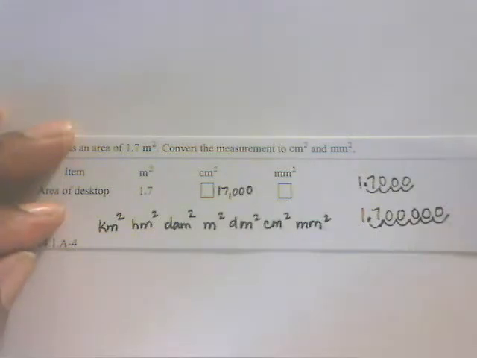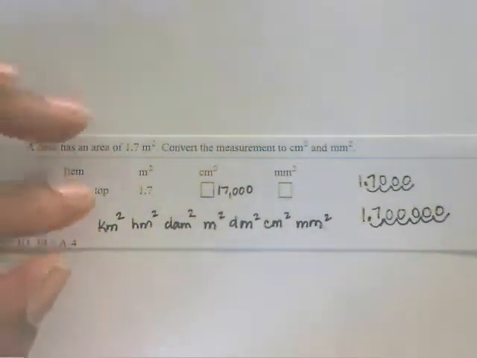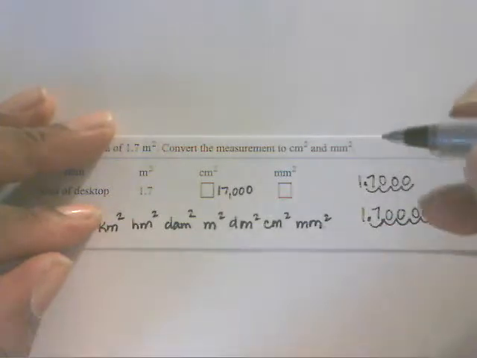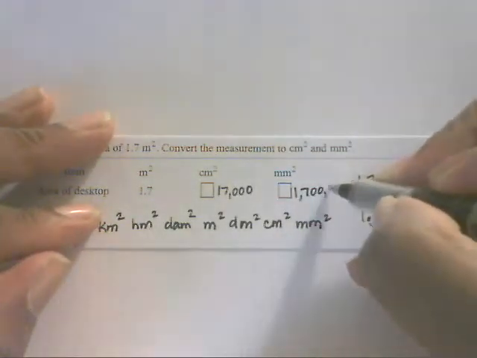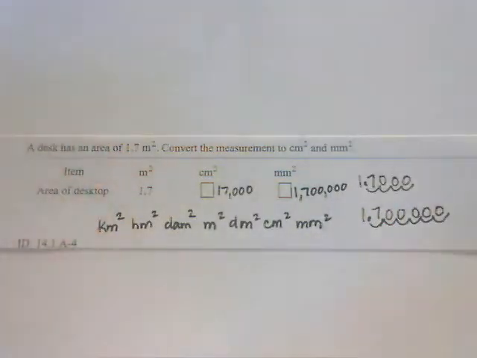So that means 5 zeros will need to be included. So that means we're going to have 1,700,000 square millimeters as the equivalent to 1.7 square meters. Okay, so that's how we convert square units in this particular situation.